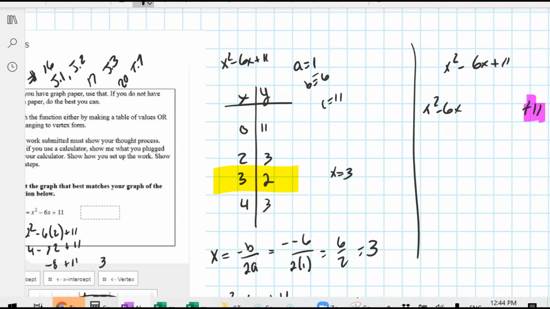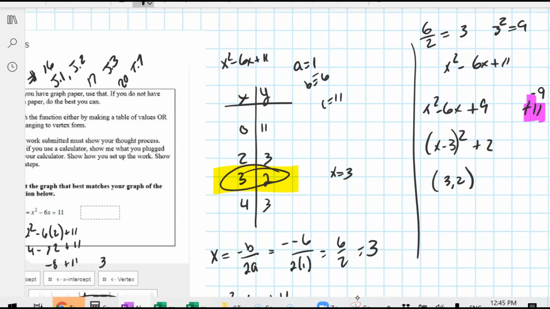And then basically you're going to take 6, divide it by 2, and then square that. You're going to take that number and add it here, and subtract it over here. So you have x minus 3 squared, 11 minus 9 is 2. Your vertex is at 3, 2, your h, k, and again, that should match.